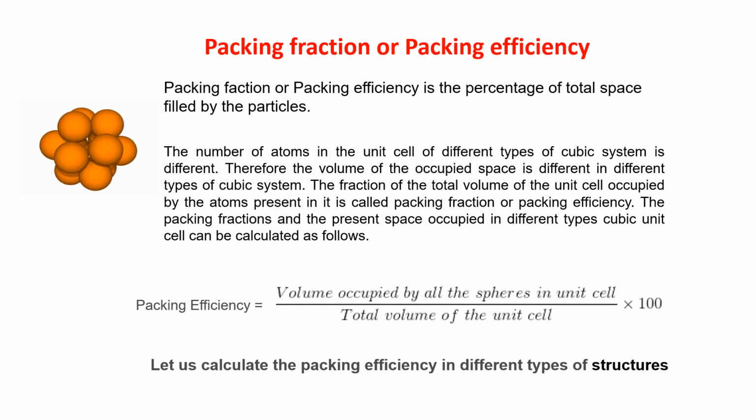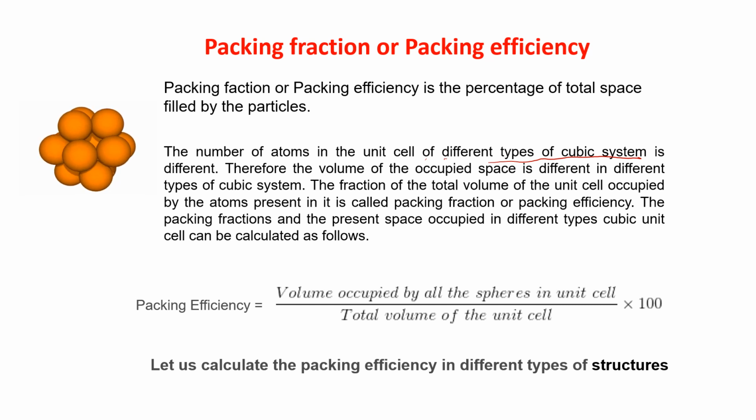So first let me tell you what is packing fraction or packing efficiency. Both are same. The number of atoms in the unit cell of different types of cubic system is different, that you have learned. In primitive there is only 8 in 8 corners. In body center there is, along with 8, another one at the center.